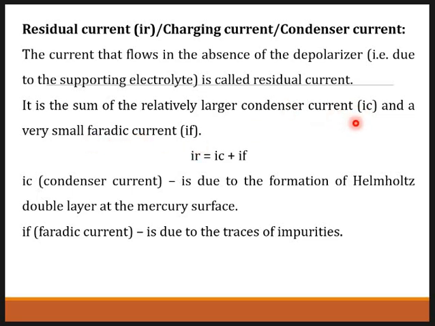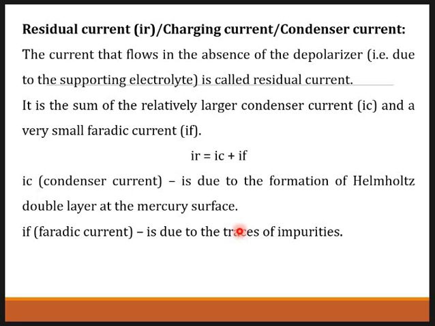The condenser current is called IC and the Faraday current is IF. So the residual current IR is equal to IC plus IF. IC is the condenser current, due to the formation of the Helmholtz double layer at the mercury surface. IF is the Faraday current, due to the presence of impurities in the solution.